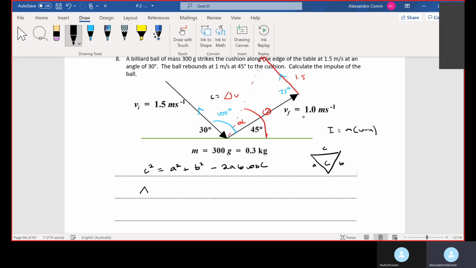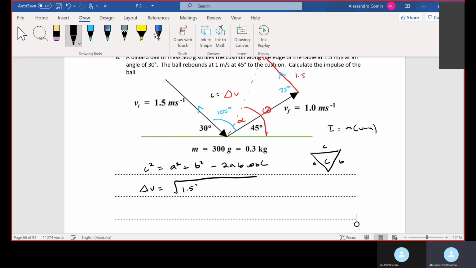So delta v is equal to the square root of 1.5 squared plus 1 squared minus 2 times 1 times 1.5 times cos of the angle, which is 75 degrees. And that's going to be 1.57.